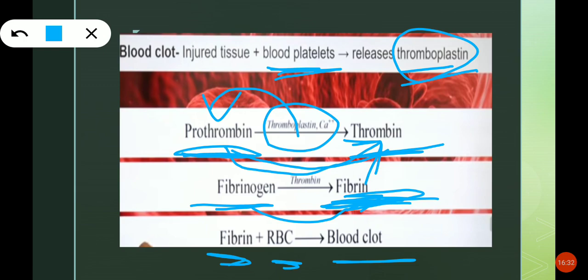This thromboplastin acts on prothrombin, which is present in blood, and this prothrombin converts into thrombin, and this thrombin acts on fibrinogen, and because of that fibrinogen converts into fibrin. Fibrin means a fiber-like structure. Because of this, the RBCs are stuck in it, and the blood clots. So this is the procedure.